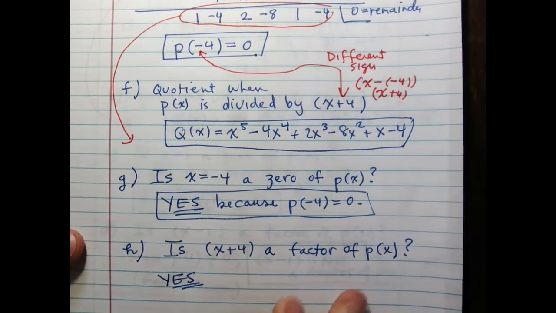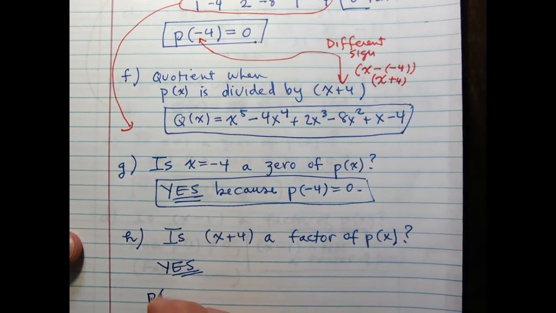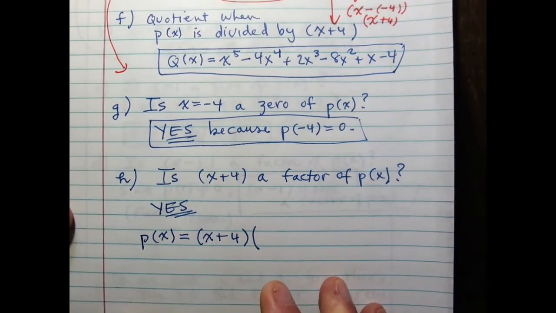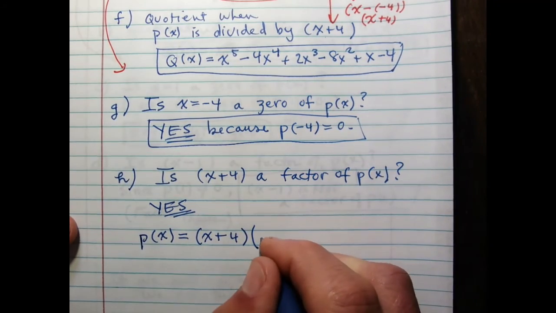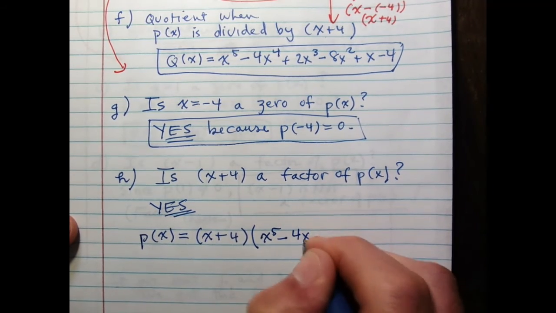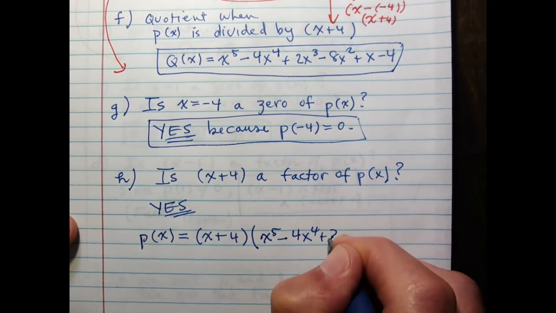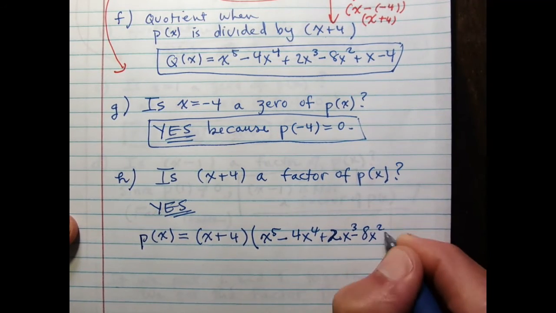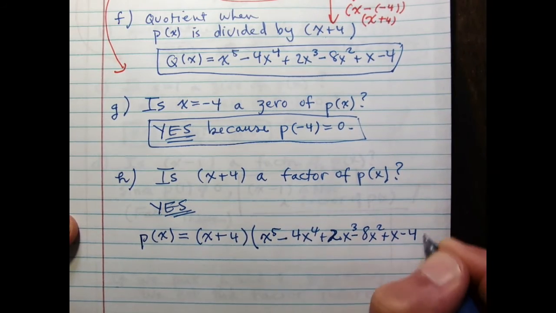In fact, we can write down that P of x must equal x plus 4, that's the divisor, times the quotient, which we wrote up above. X plus 4 times x to the fifth minus 4x to the fourth plus 2x cubed minus 8x squared plus x minus 4.